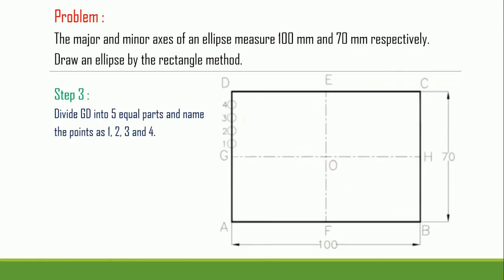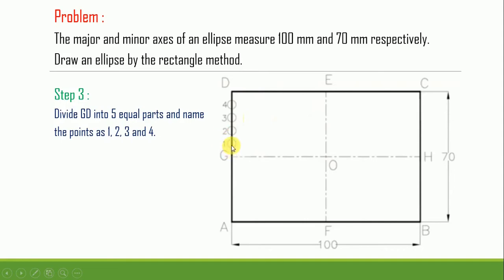In the next step, we have to divide the distance GD. Here you have the line GD, which is 35 mm, because the overall height of the rectangle is 70 mm, and as we divide AD into two equal parts, GD is 35 mm. Now we have to divide that distance of 35 mm into 5 equal parts, so one part becomes 7 mm.